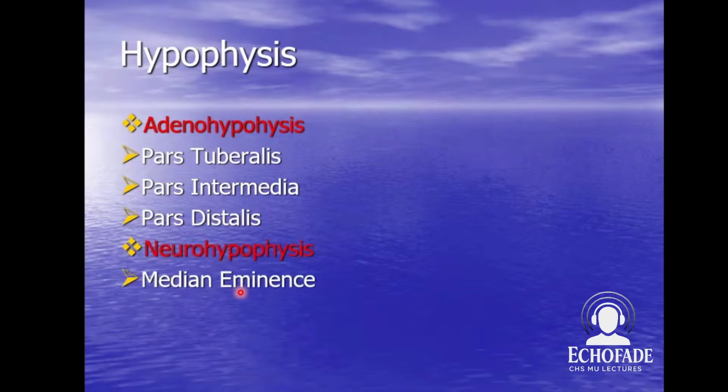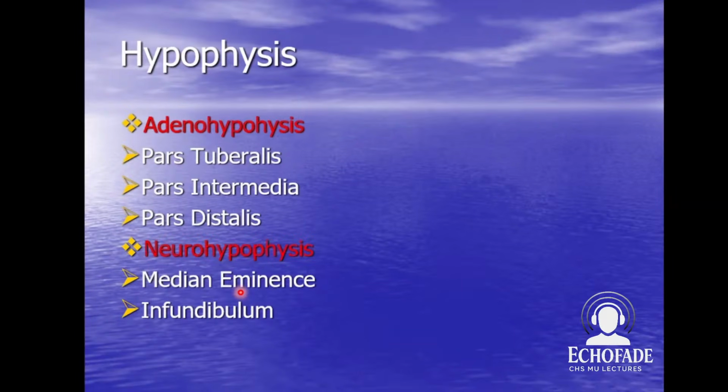We have the median eminence. In the median eminence, this is where the capillaries lack a blood-brain barrier, so the hormones can get very easily into the blood at the median eminence. And then the infundibulum, which is the stalk that connects the distal part of the neurohypophysis to the hypothalamus.